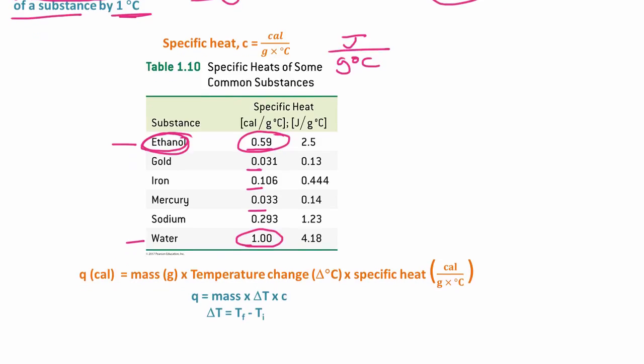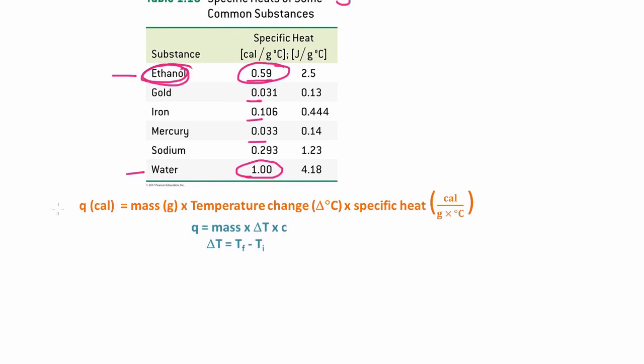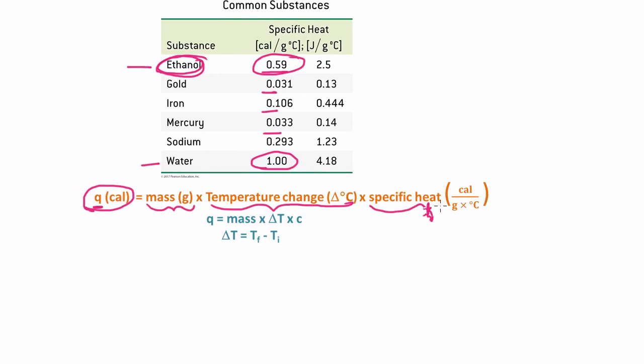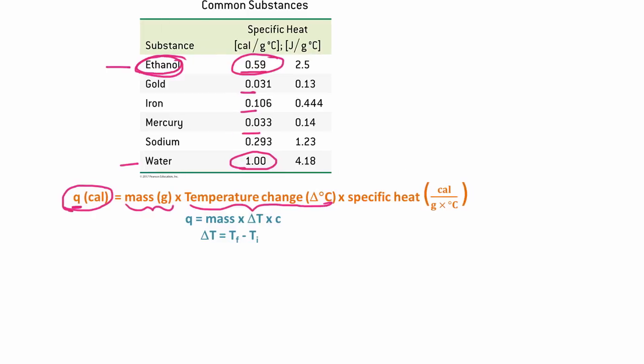So let's go ahead and take a look at this equation. The heat transferred, and again, heat is lowercase q, is going to be equal to the mass of the substance multiplied by the temperature change multiplied by the specific heat. And the specific heat we can look up for each substance.